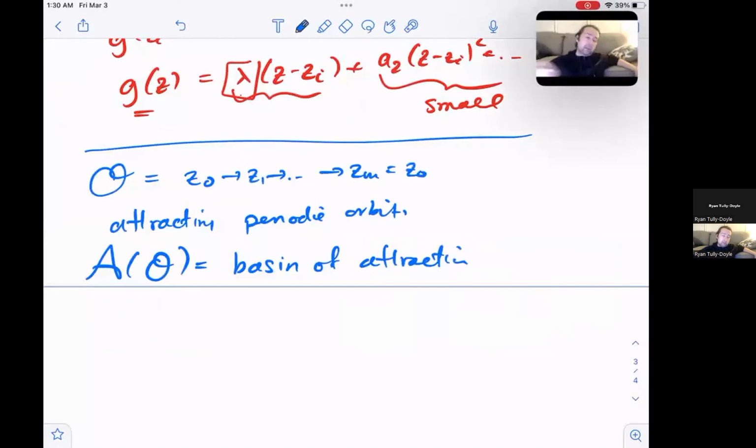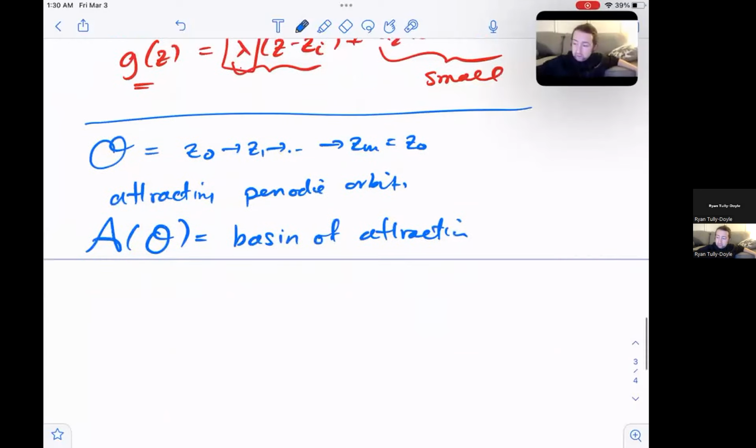Okay. And so we can actually formally define the basin of attraction mathematically as the following.